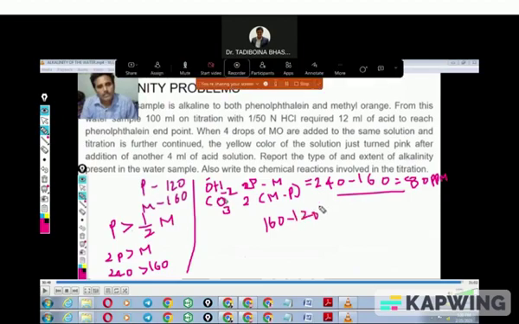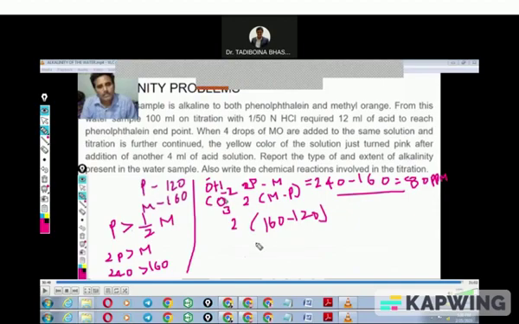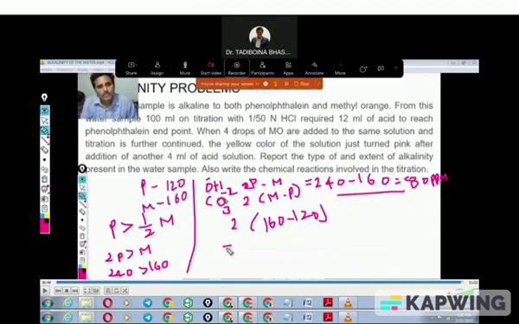So 160 minus 120 gives 40, and 2 into 40 is 80 ppm. So carbonate alkalinity is 80 ppm as well as hydroxyl alkalinity 80 ppm. Totally you are getting 160 ppm; in the same manner, total alkalinity is also 160.